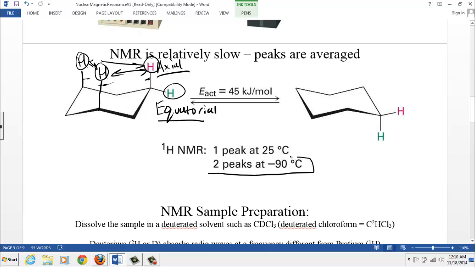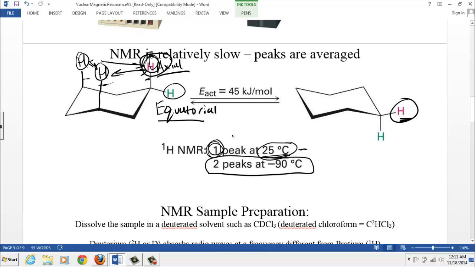And we do see different peaks at low temperatures. However, at room temperature, 25 degrees, we only observe one peak. And the reason for that is that the cyclohexane ring is rapidly chair flipping, right? So what was axial then becomes equatorial. And when it's equatorial, it absorbs at one frequency, and when it's axial, it absorbs at another one. And if the molecule is flipping back and forth quickly, like it does at room temperature, then you only observe one peak.